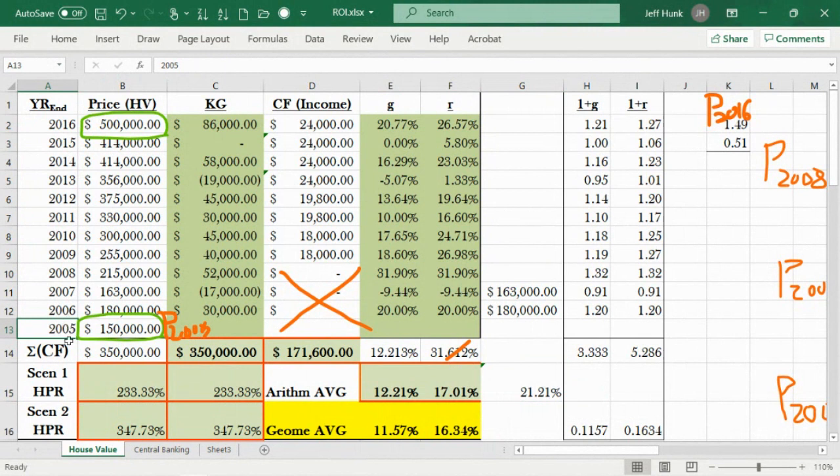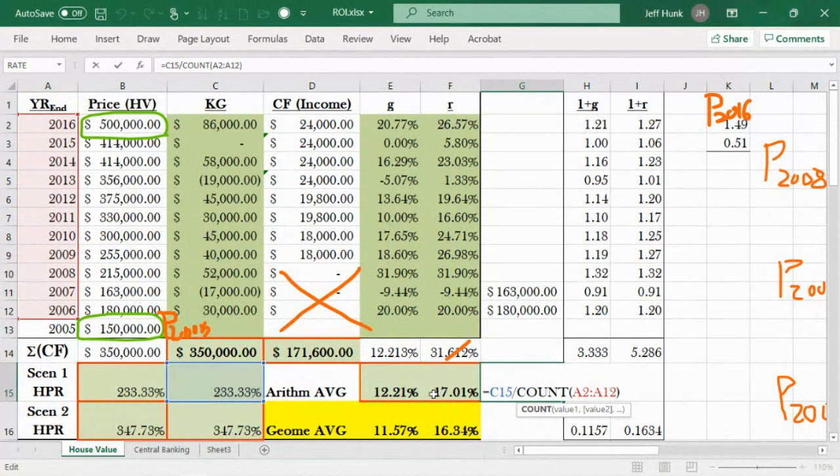So 2005 is not included, because starting from the end of 2005 through the end of 2016 is the same thing as beginning from the beginning of 2006 through the end of 2016. So you include only from here to here.